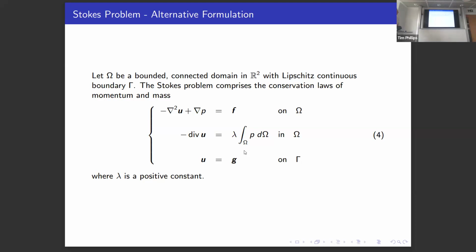Well, if you take the conservation of mass, the second equation there, and integrate it over the domain, using the divergence theorem, you can show that the domain integral of pressure is zero. So you get the vanishing pressure constraint out from this immediately. And as I shall show later on in the talk, this addition, or alternative formulation, has an advantage in terms of the performance of iterative techniques.